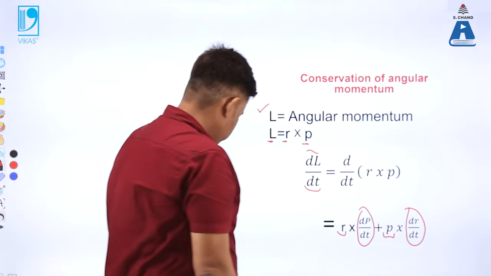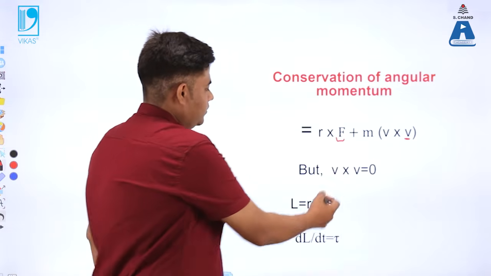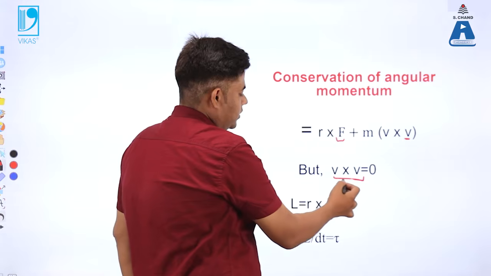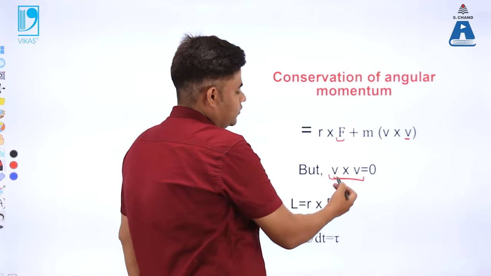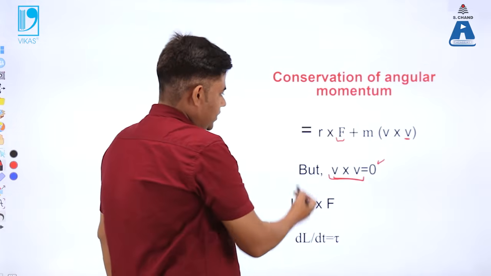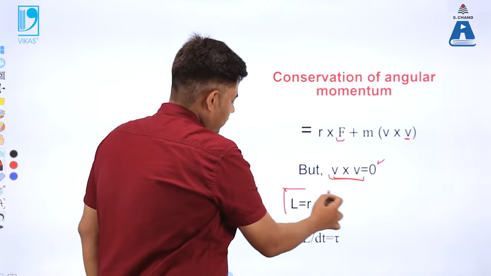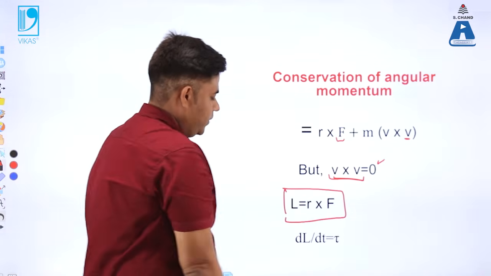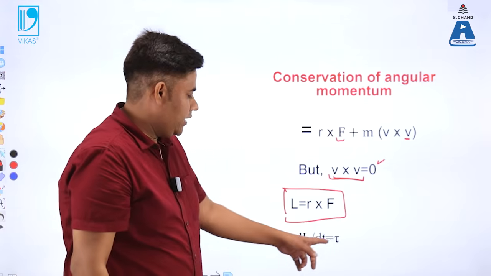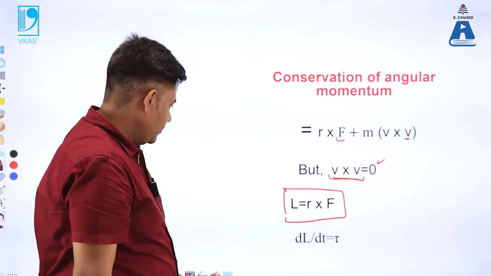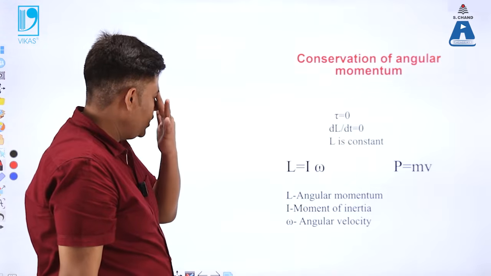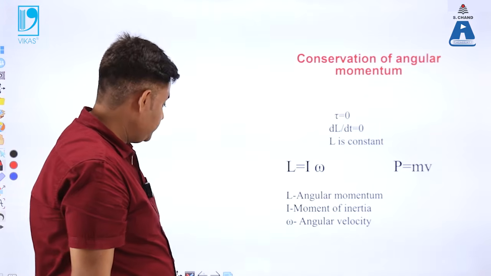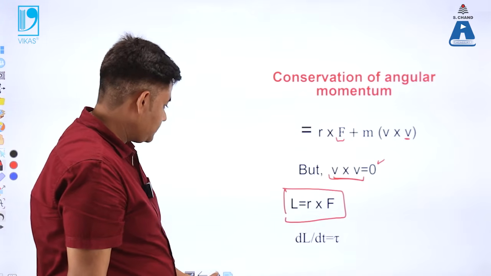Velocity cross velocity would be 0. This is a property related to vectors, so v cross v is 0. So the expression that we got is dL by dt equals tau.